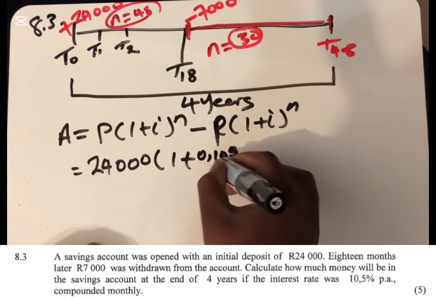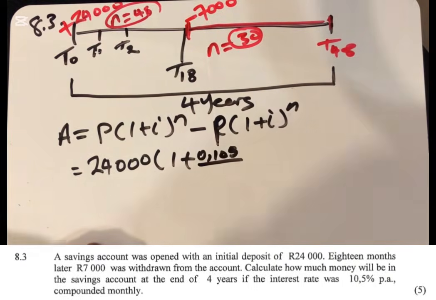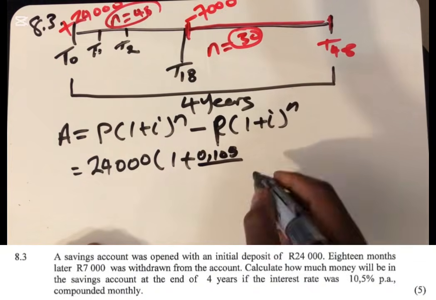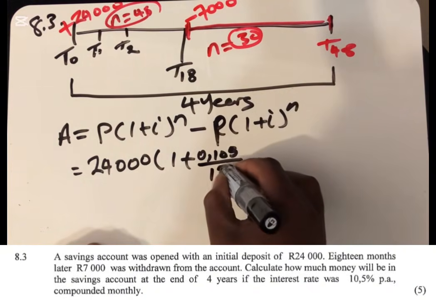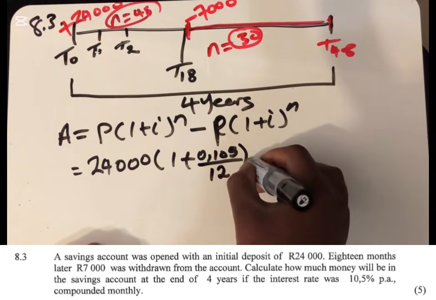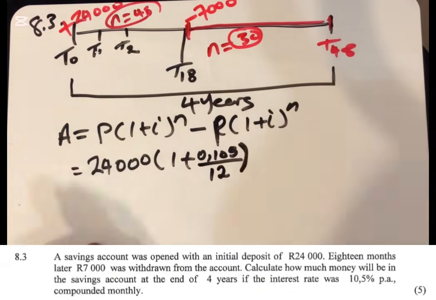They said it's compounded monthly, so because of that we divide by 12, because we have 12 months in a year.